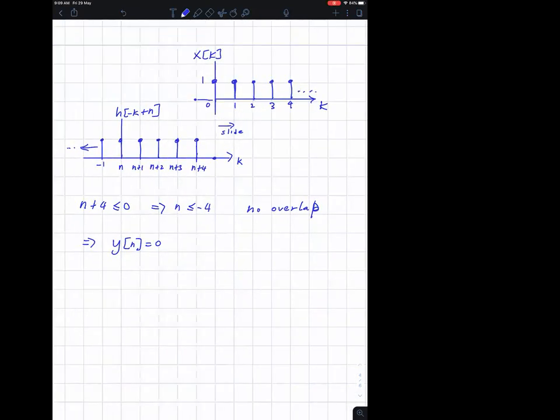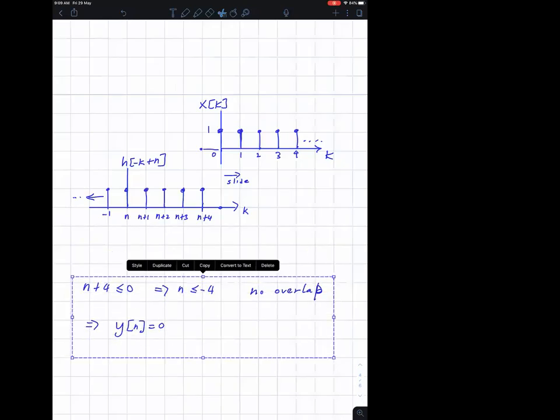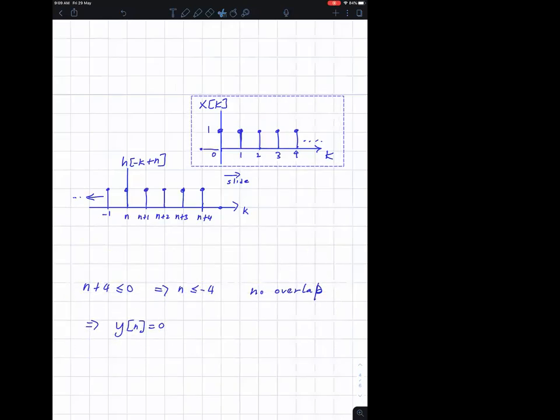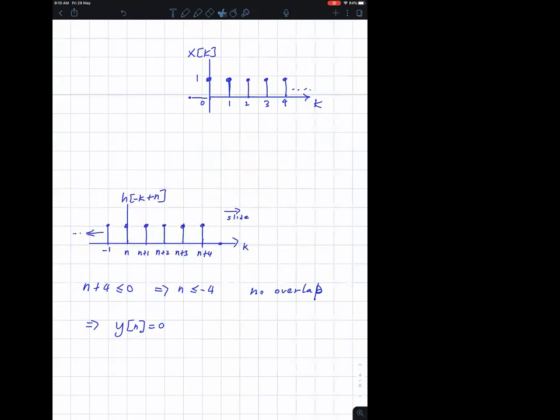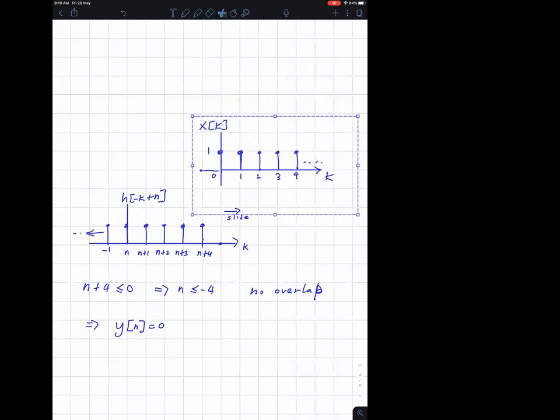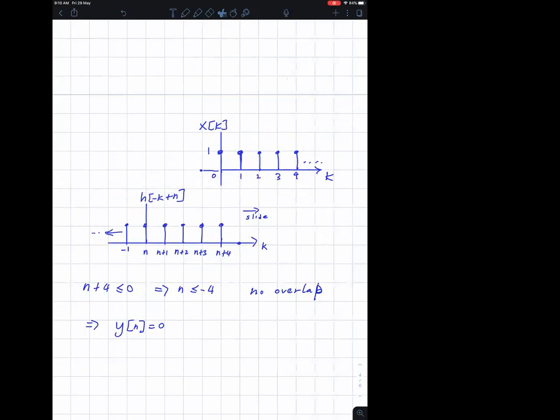Next, you start sliding this. Now I'm going to take this and slide through. Now n plus 4 is aligned with 0.